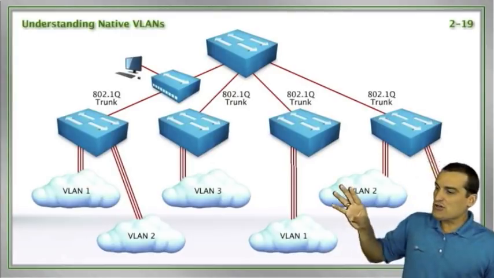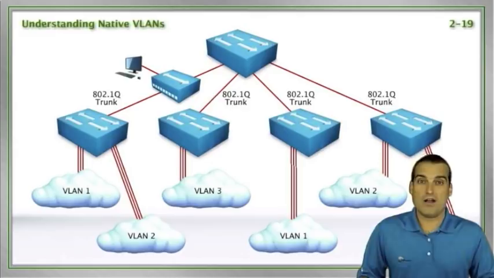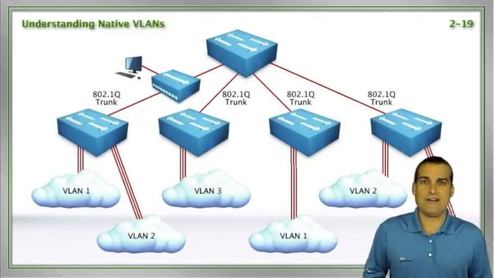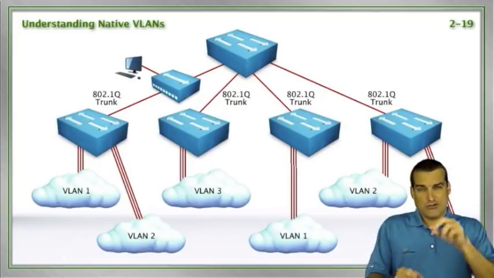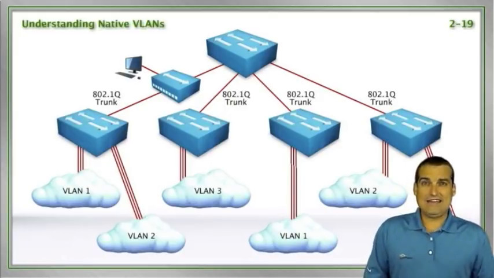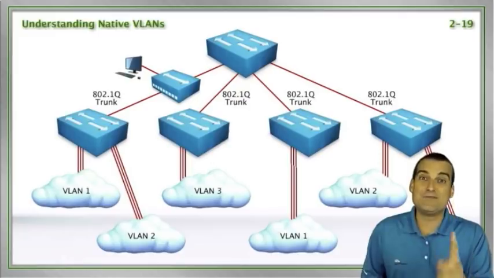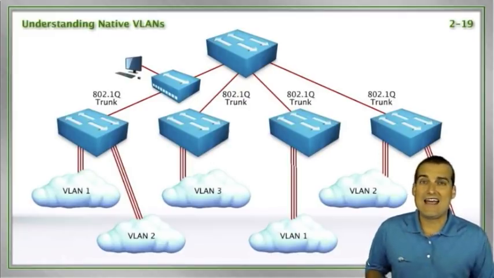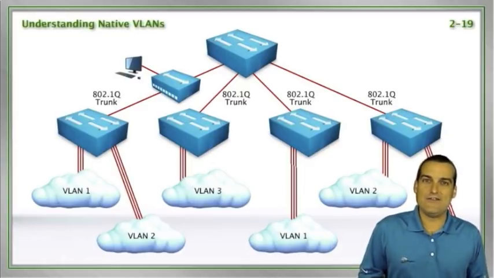That's right. In your environment, there's going to be one and only one VLAN that does not get a tag ID for identification of the traffic for that native VLAN. Let me repeat it. All of your VLANs are going to get that tag for VLAN ID except one special VLAN. This one special VLAN will not have its frames tagged, and this is called the native VLAN.